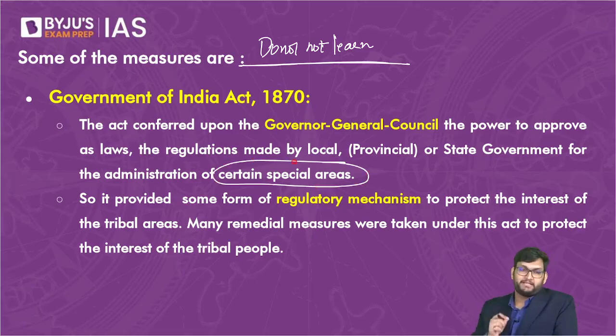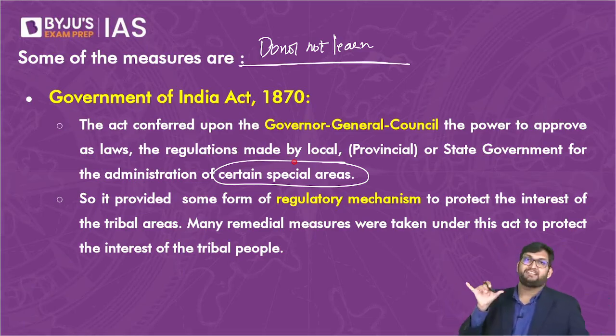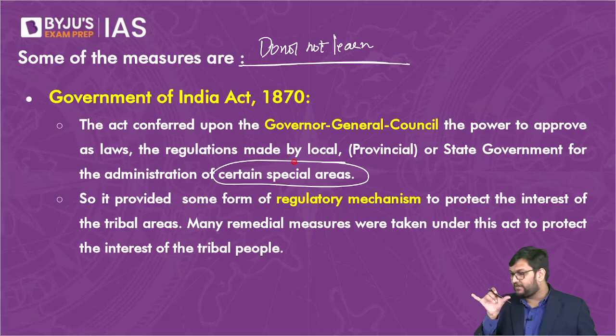So it provided some form of regulatory mechanism to protect the interest of the tribal areas, and many remedial measures were coming through. So now the first time the concept of special area comes in, and just replace the Governor General in Council and put in either President or Governor, and you get the constitutional provisions we generally have today.